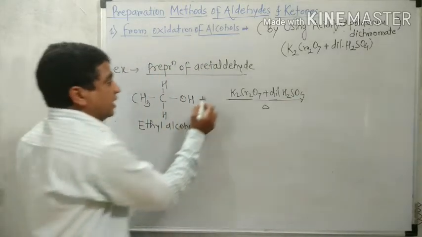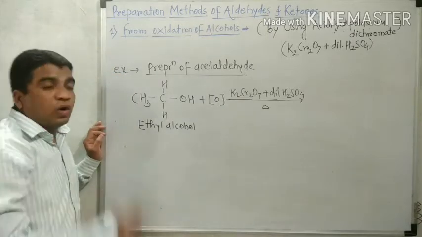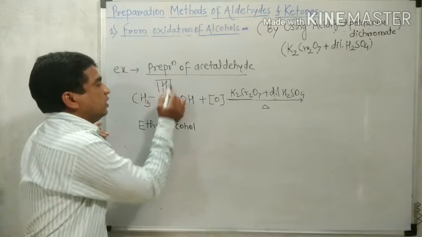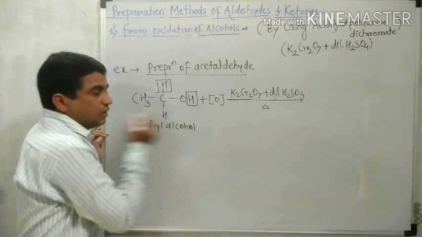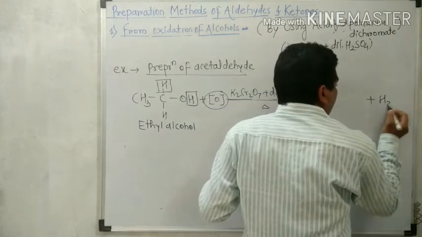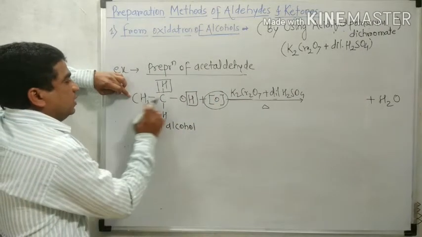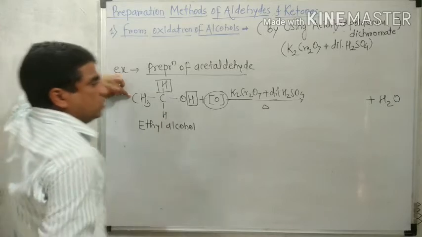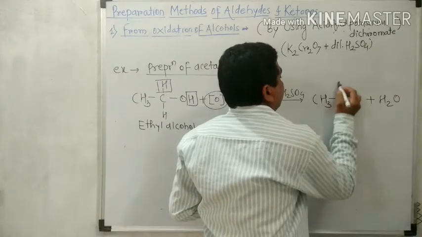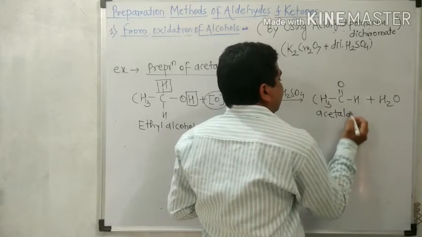In this reaction, again a nascent oxygen atom is added, because this is an oxidation reaction. Due to this oxygen, two hydrogen atoms and this oxygen combine to produce H2O. What is remaining? CH3CHO. How do we write CH3CHO? CH3C double bond O-H. This is the structure of acetaldehyde.